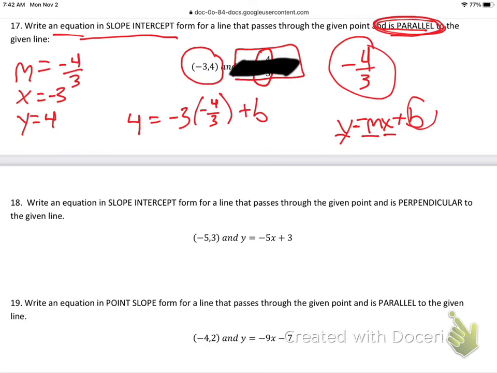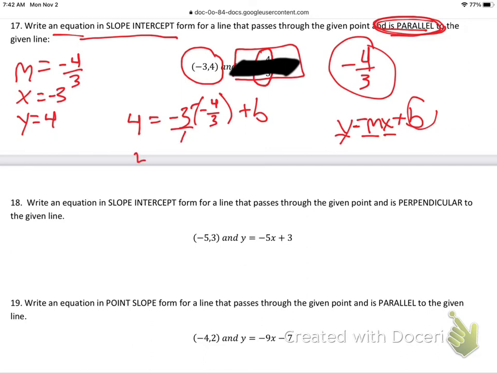And again, if you're having trouble with fractions, just do it in your calculator. If you were to do 4 divided by 3, you would get 1.3 repeating, and multiply it by 3, and you would get 4. The other way you could do it is take this -3, like 3 is over 1, and multiply across.